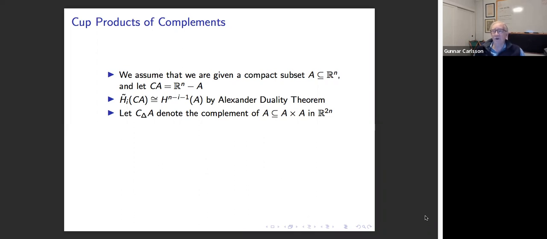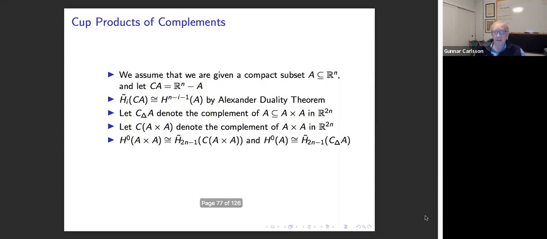What we're going to be studying here is the effect of the diagonal map, so I will have this compact subset contained inside the diagonal R^n within R^2n, and I'm going to study that complement there. We'll also let C of A cross A denote the complement of A cross A in R^2n. There's an analysis of both of these that one can do.